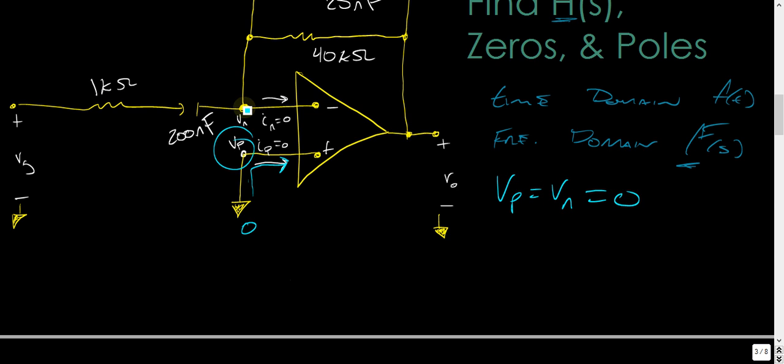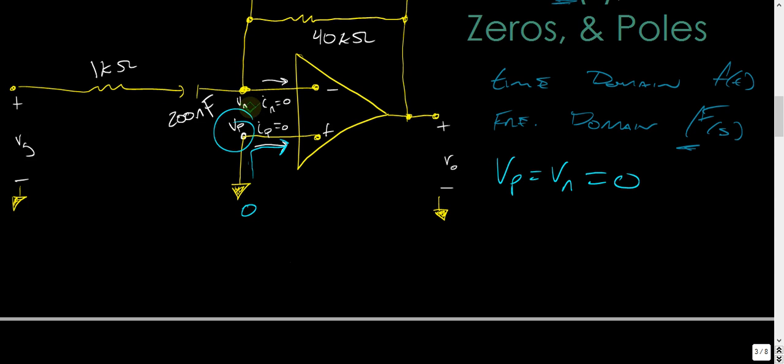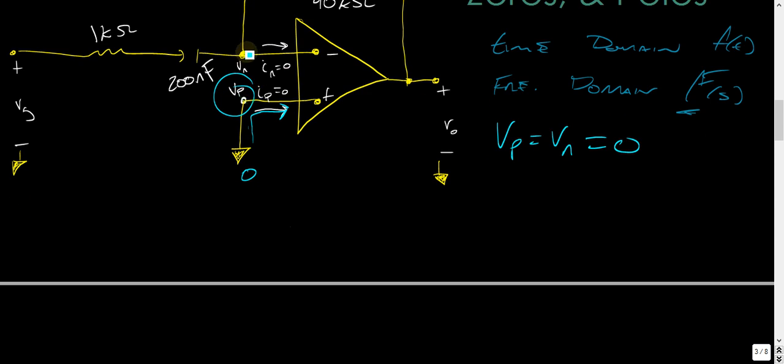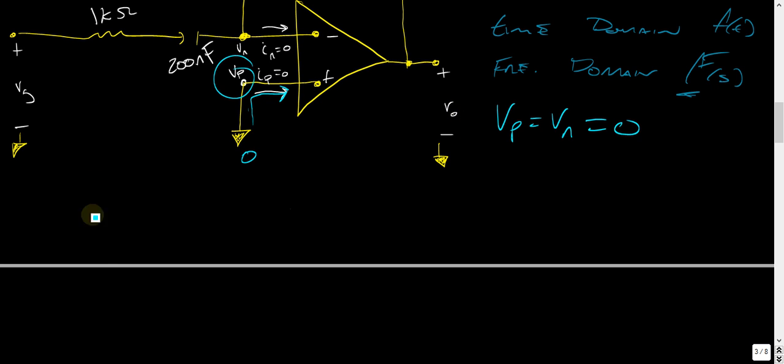So I use that to form a node equation right here at VN, because I need to relate VG with V out. So I take VN, I say VN minus VG all over this impedance. Now notice we have a capacitor here. I need to change that into the frequency domain.